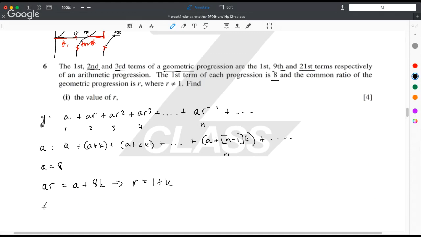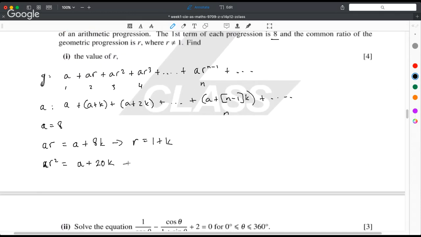So I've got the third term being ar squared, and that's equal to the 21st term, which is a plus 20k, okay? And if I plug in, I get that 8r squared is equal to 8 plus 20k.